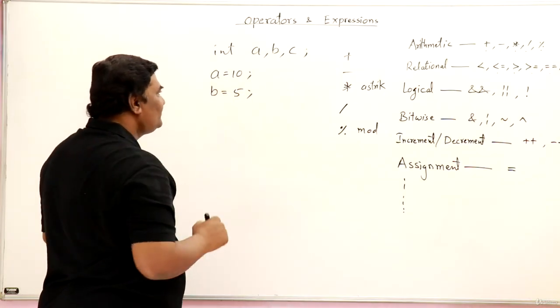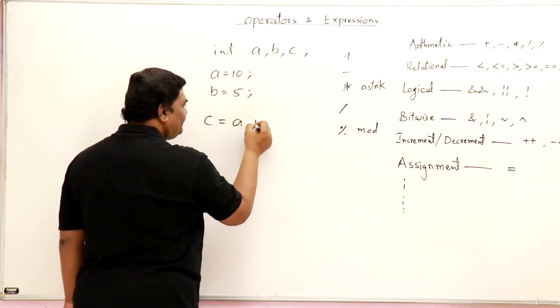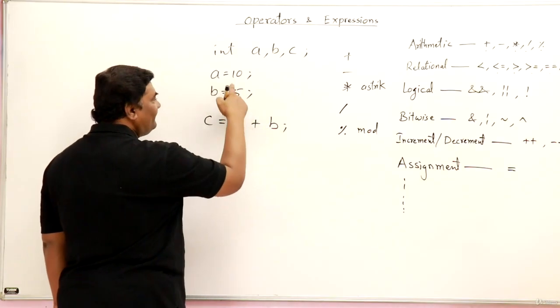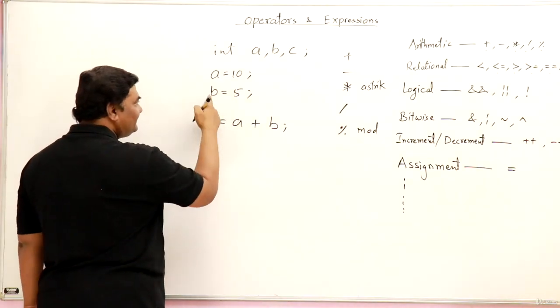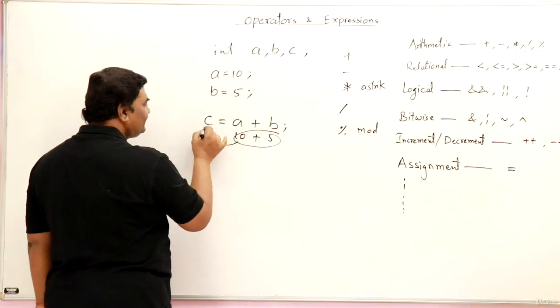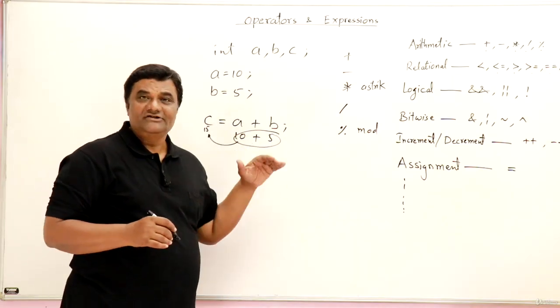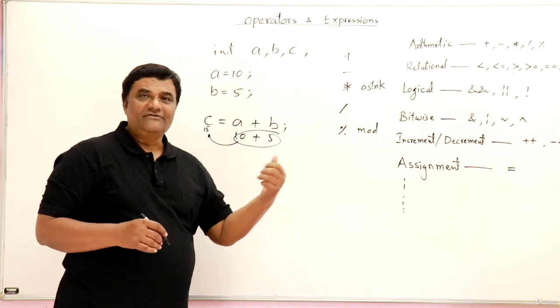Now let us perform those operations. First one, if I say C assign A plus B, then the values of A and B are added and the result is stored here. So this is 10 plus 5 and the result is 15, that is stored in this one. This is how it works wherever you use it in your program. So we'll be using it afterwards.